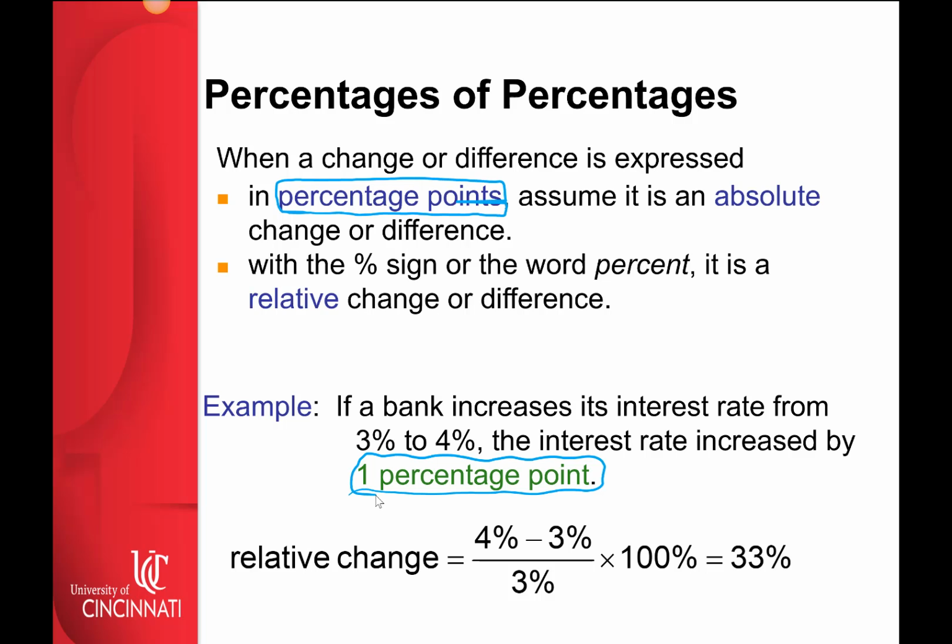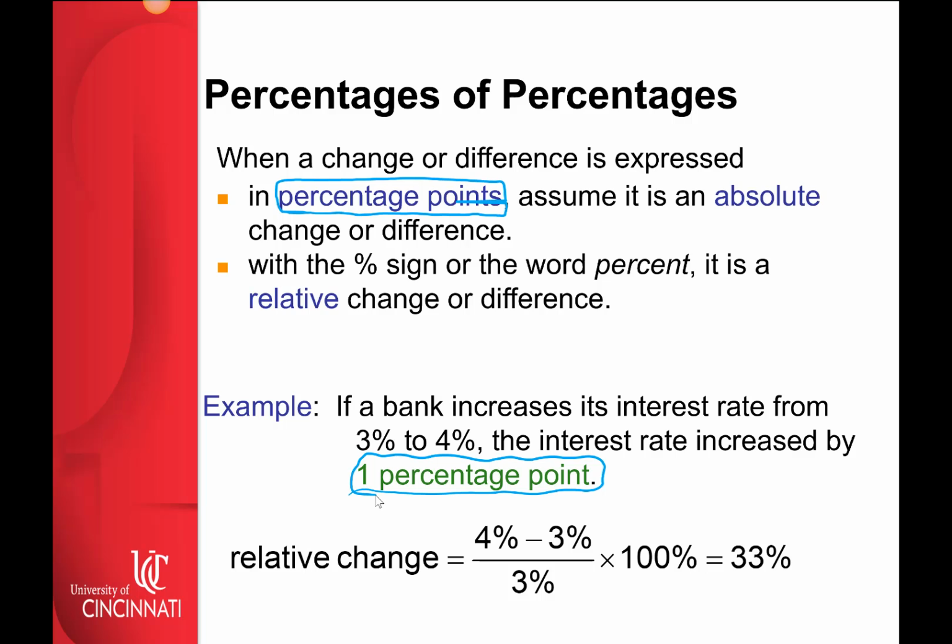That sounds kind of weird, doesn't it? It only went from 3 to 4. How can that be 33%? What the 33% is looking at is the relative change. It's looking at where did it start, where did it end, and then percentage-wise, how big of an increase was this?